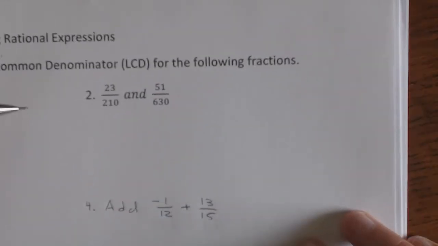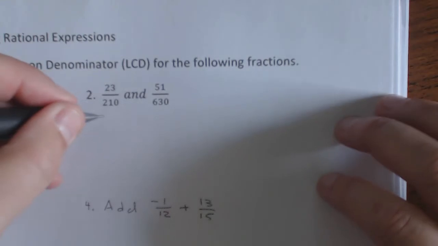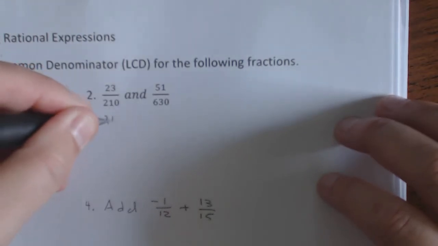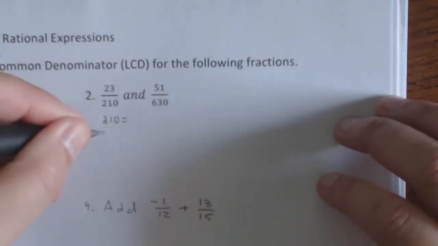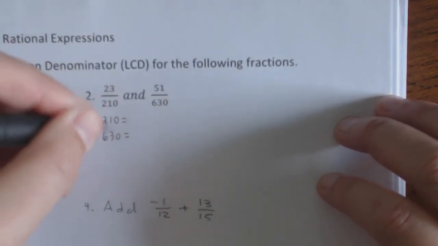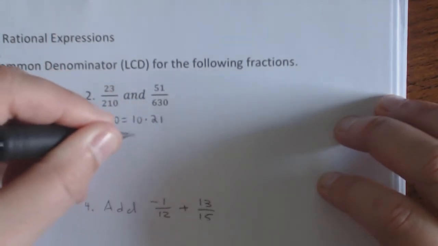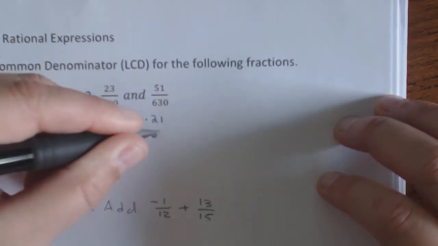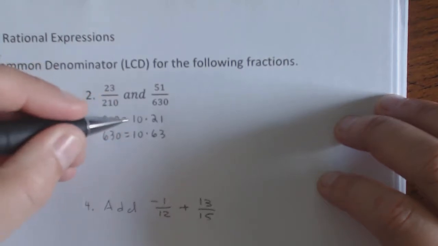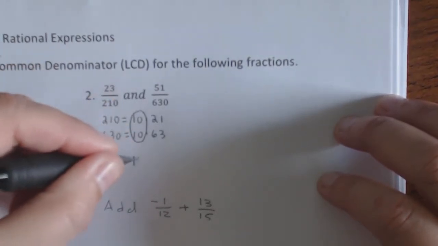The second one, 210 and 630. The LCD, if we write down 210's factors and 630's factors, well, we know they both have a 10, so you don't have to write the prime factorization, you just have to factor it. And once we know that they both have a 10 in common, we know that the LCD is going to have a 10.